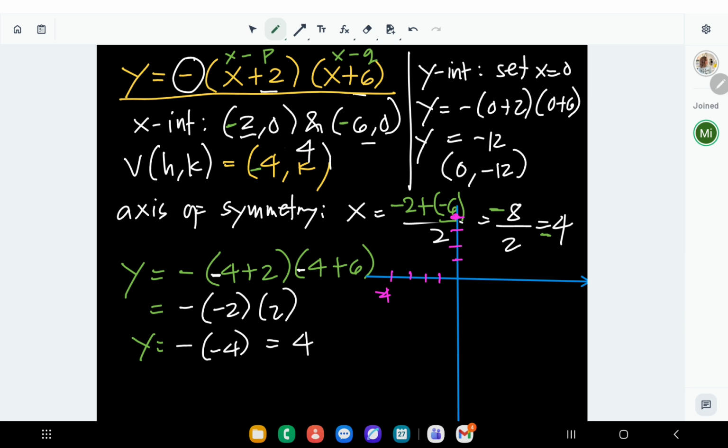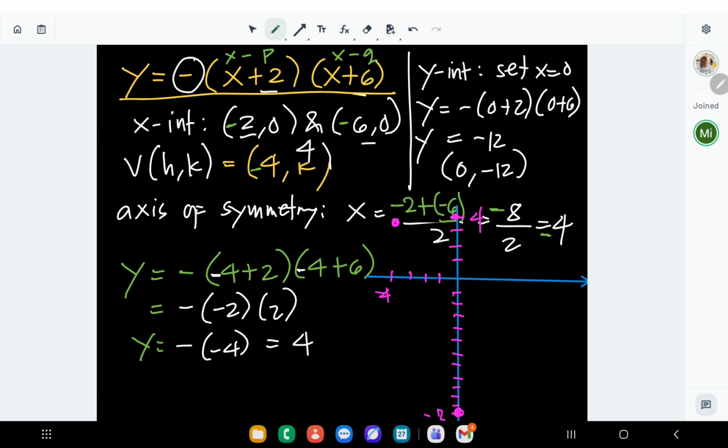So this is 4. So negative 4, 4. Vertex is here. And the graph opens downwards because it has a negative in front. And the y-intercept is (0, negative 12). So 1, 2, 3, 4, 5, 6, 7, 8, 9, 10, 11, 12, negative 12. So this is the y-intercept.